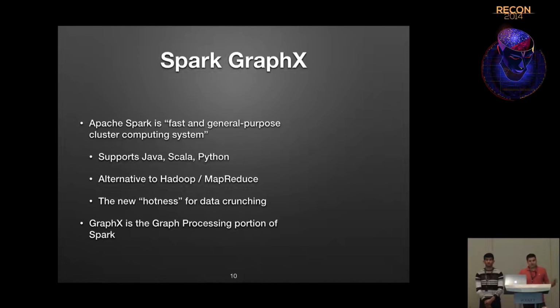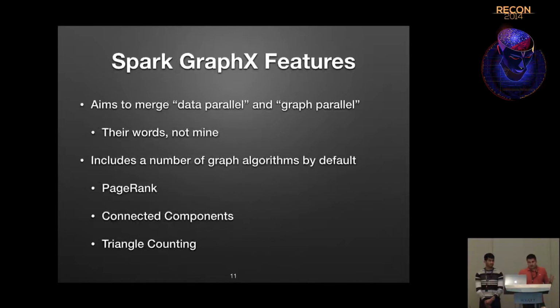You can write stuff in Scala, Python, or Java. We have some guys who are doing a lot of stuff in Scala, but it's cool because they can write their stuff in Scala and expose the interface to me, and then I can write everything I want to do in Python. GraphX is the graph processing portion of Spark. They say they want to merge data parallel and graph parallel.